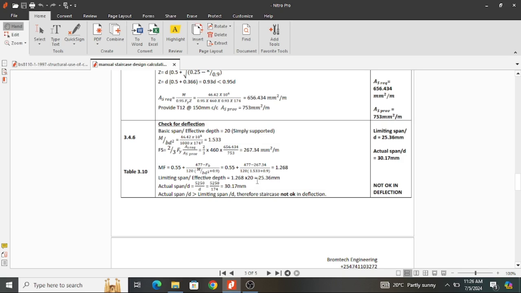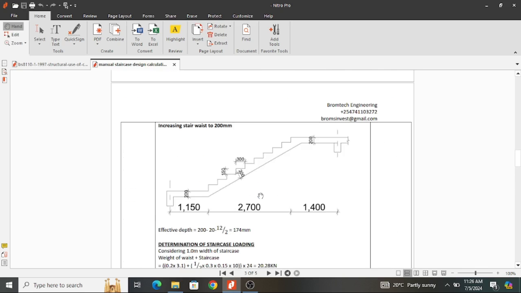Therefore, another option could be to reconsider my supports. Remember, my landings are supported at the end. I could consider introducing a beam at this section and another beam at this section, such that this landing is supported by the beam. So what I'm going to design majorly for is the flight.